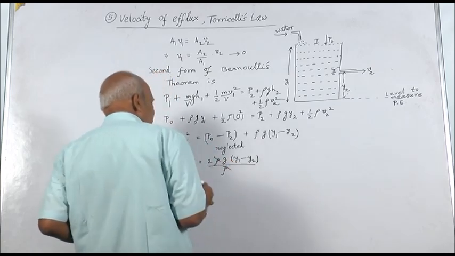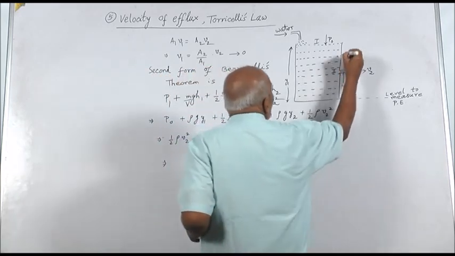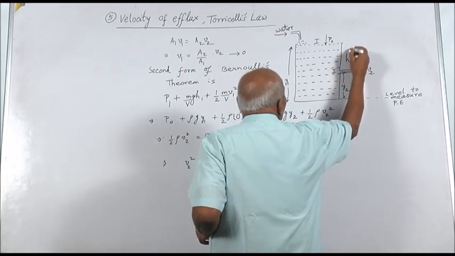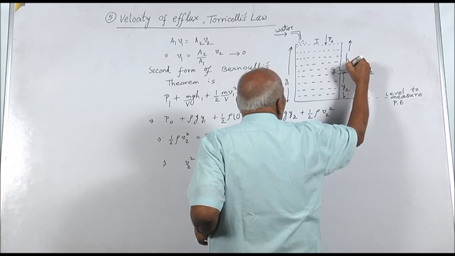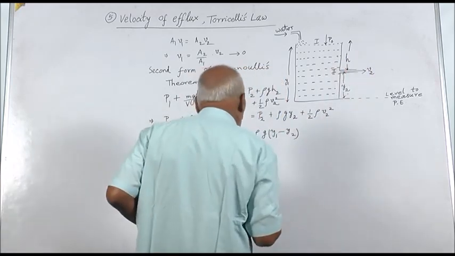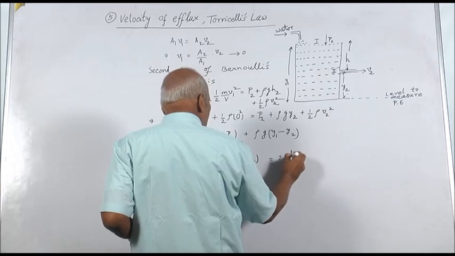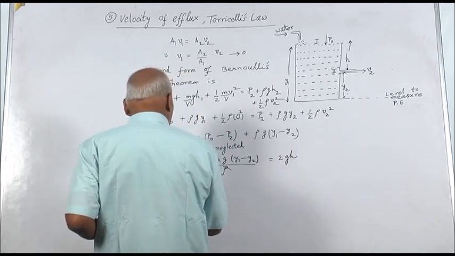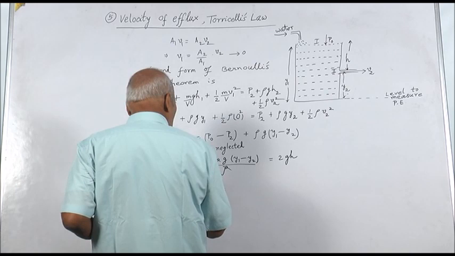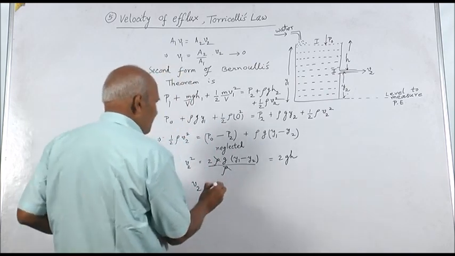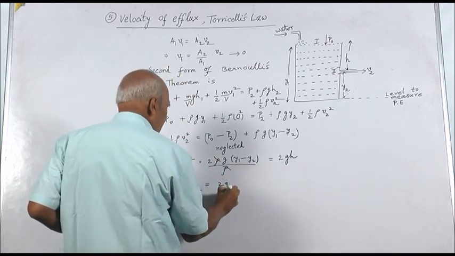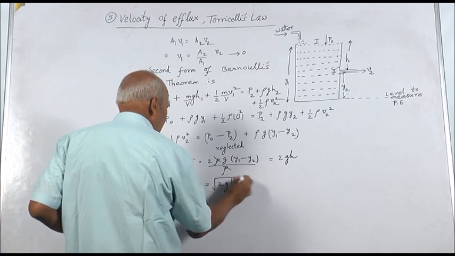This rho cancels, and if you denote Y1 minus Y2 as h, it is 2gh. So, V2 is root over 2gh.